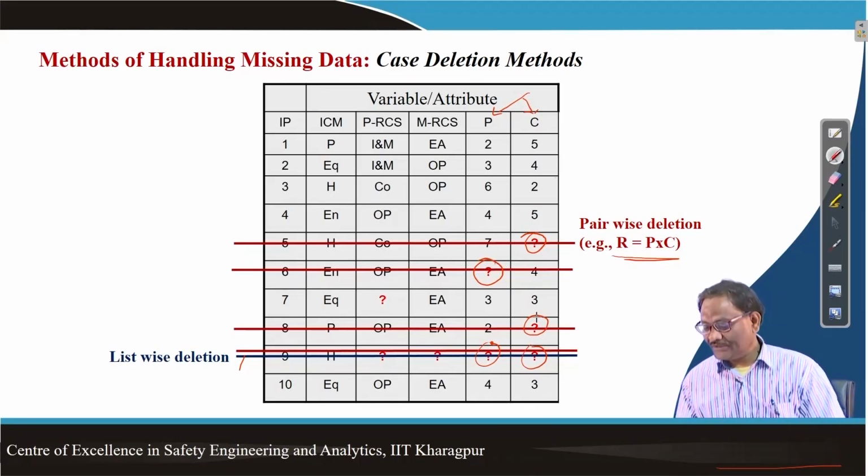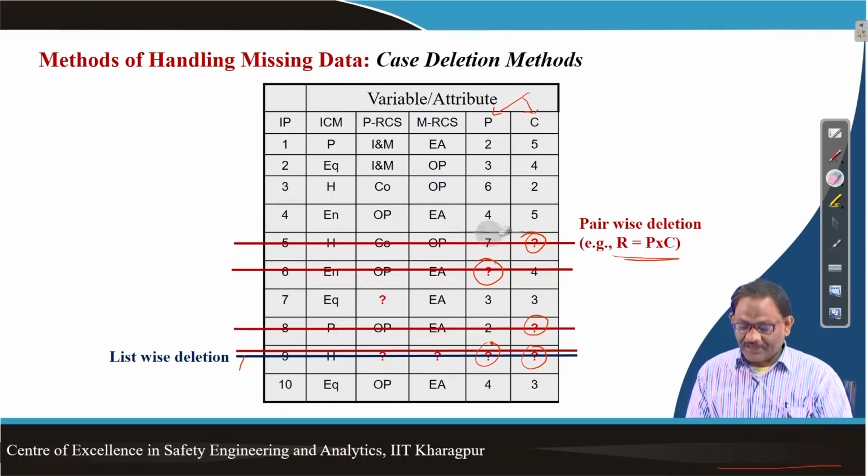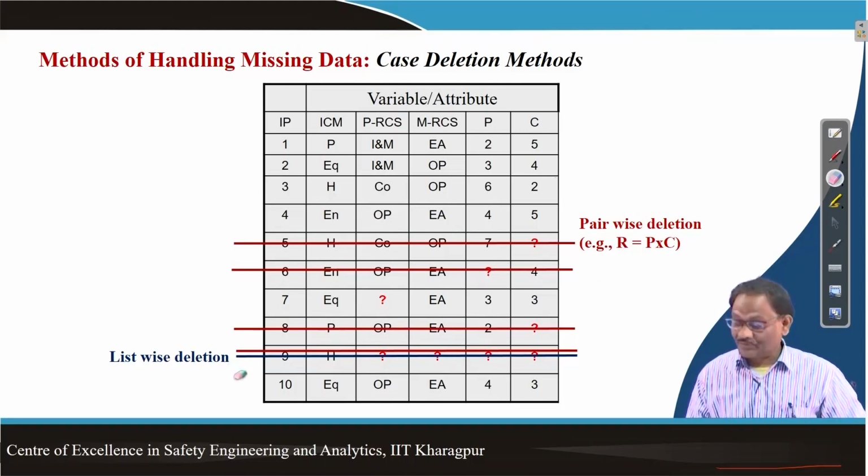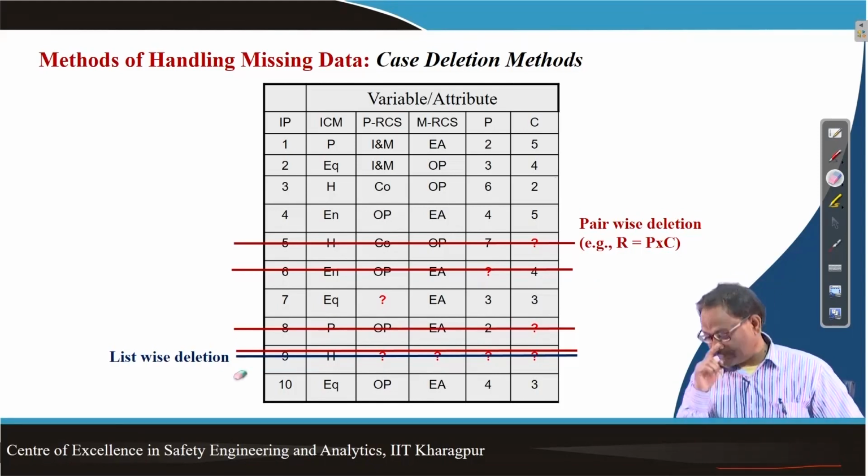Okay. So this is the way pairwise deletion is basically considered, because you want to get maybe the average risk, then those 6 risk values you compute and take the average of the 6, or the total risk value is computed. Okay, this is known as your list-wise or pairwise deletion.